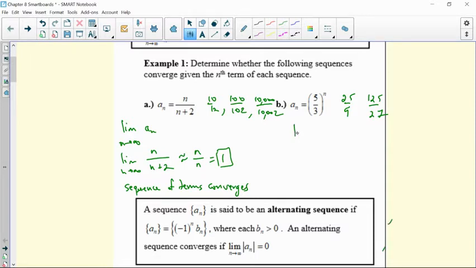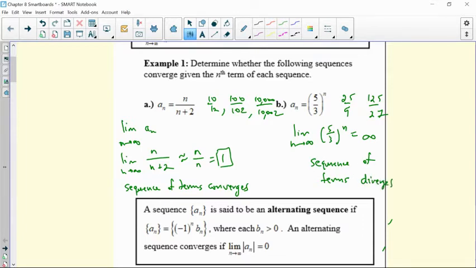So you could apply the limit as n goes to infinity of a sub n, which is (5/3)^n, and because our terms are getting exponentially larger, in other words, this limit is equal to infinity, we would say that the sequence of terms diverges. The sequence of terms diverges because the terms don't get any closer to a particular value like they did in example A.